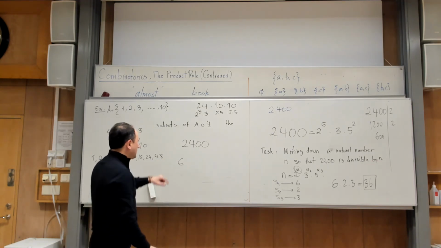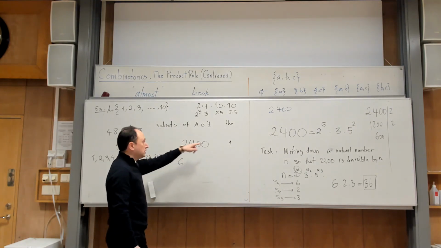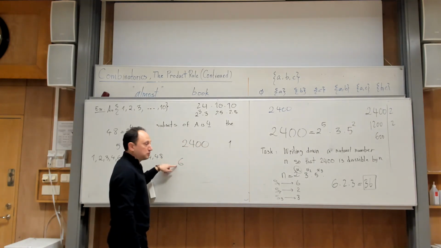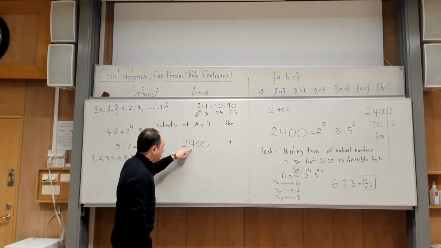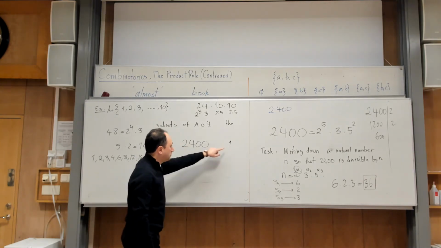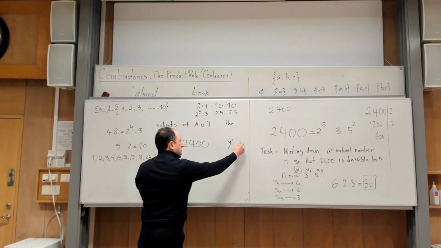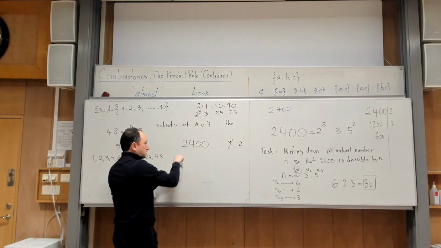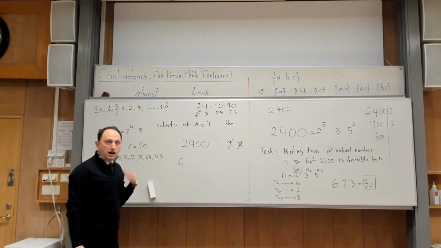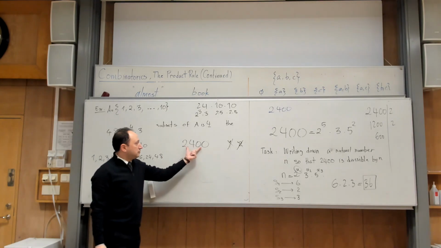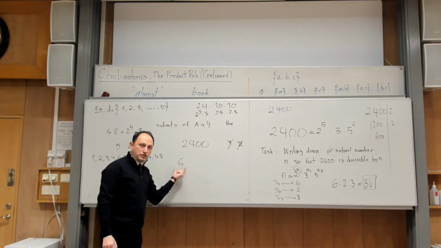So for example, one of the divisors here was 1. But I need to ignore this in this new part, because even though 1 is a divisor of 2400, 1 is not divisible by 6. So I cross it over. 2 was one of them again, but not in this case, so I have to drop it. Now my question is, how many divisors are there so that the divisor itself is also divisible by 6?